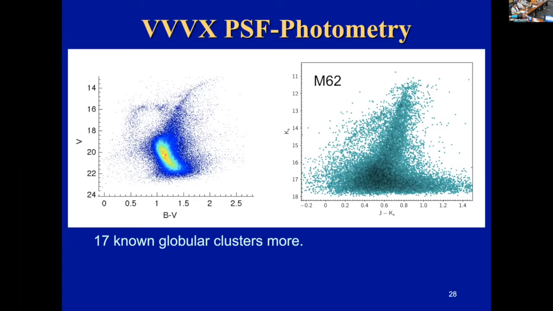For a given magnitude range, we were recovering more stars than they were. At 18 magnitude in K, if you allow for only 0.1 magnitude offsets, the completeness from the aperture photometry goes down to a single-digit percentage.